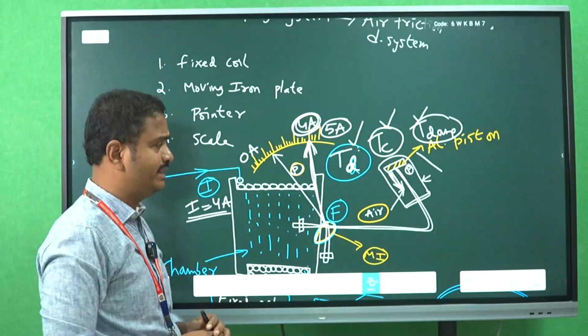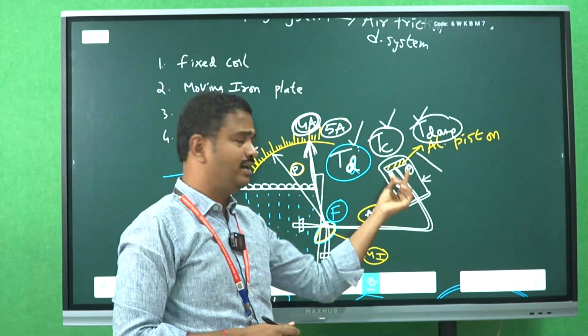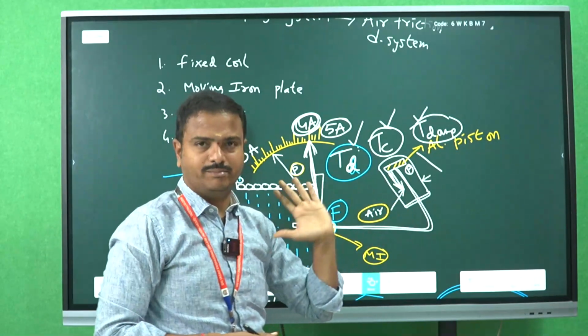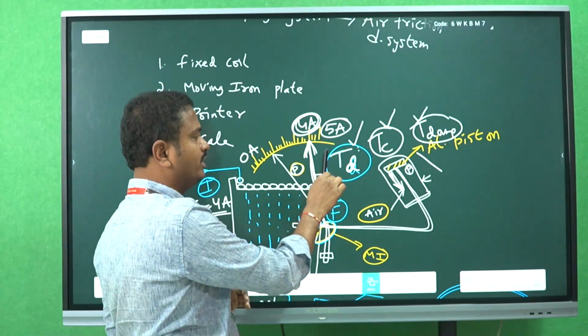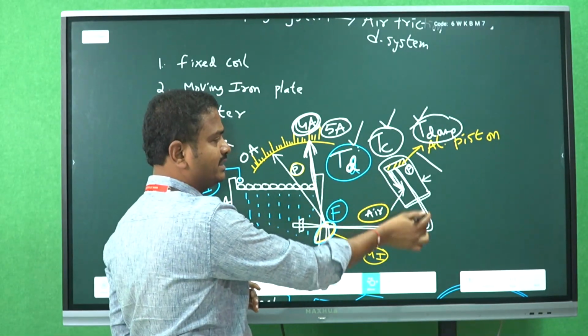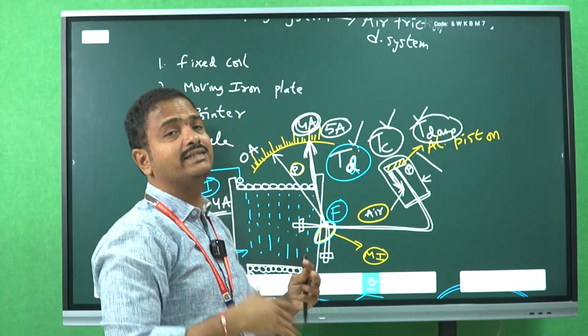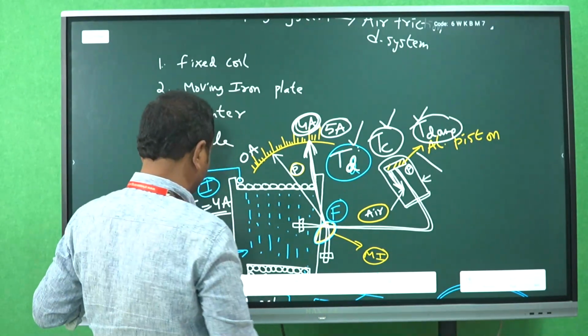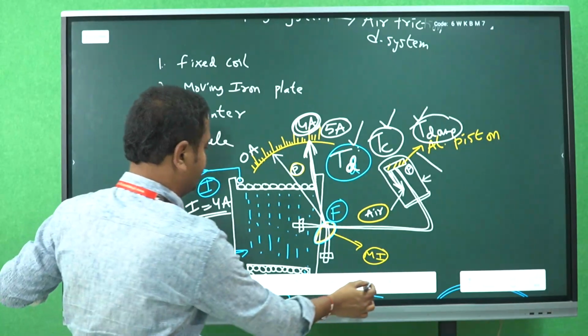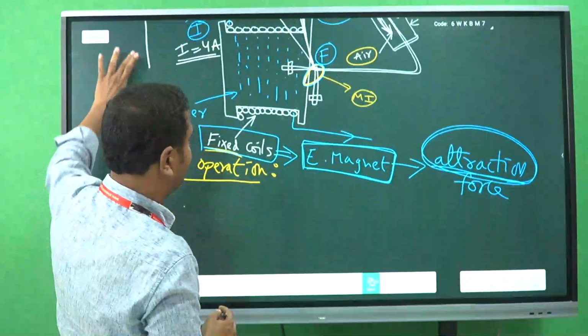Air friction damping means we have an aluminum piston inside a closed chamber, attached to the pointer. Whenever the pointer is moving on the scale, immediately the piston inside the chamber also moves and increases the air friction. Clear? So this is the working operation and construction of the MI instrument.